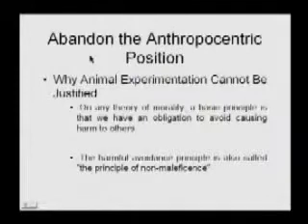So we must abandon the anthropocentric position. Anthro, of course, meaning human, and centric, centering on humans. So humans, thinking only about humans, to the exclusion of all other species. So why animal experimentation cannot be justified can be argued on any theory of morality.